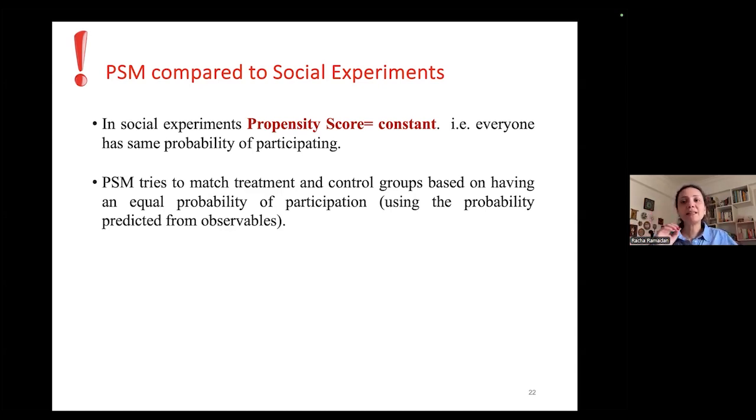But the main critique of this method, and this is why tomorrow we'll talk about how we can overcome this critique, and this is why I swapped the sessions, is that you don't take into consideration that there are unobservable characteristics that may affect the probability of being selected into the program or may affect the outcome.